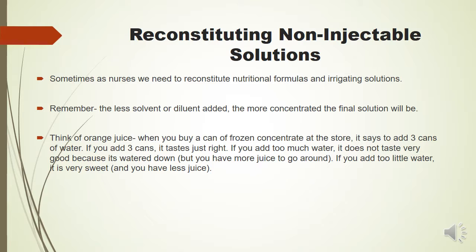So just like we discussed before, the more diluent you add, the more diluted your solution becomes, and the less diluent you add, the more concentrated your final solution will be. In that case, you'll have less volume total, and in the diluted example, more volume total. But the amount of concentrate doesn't change. We've still only used 1 can of concentrate. It's just how much water we've added to dilute it down.